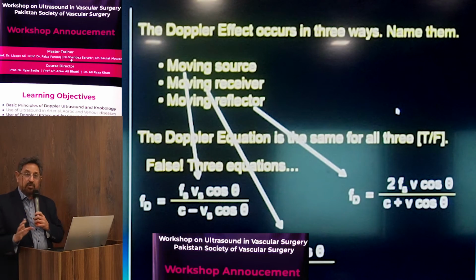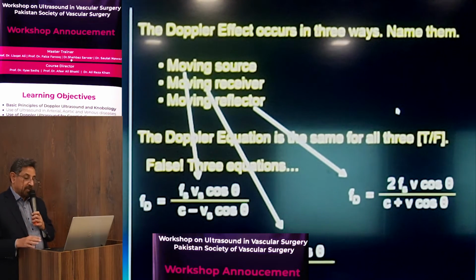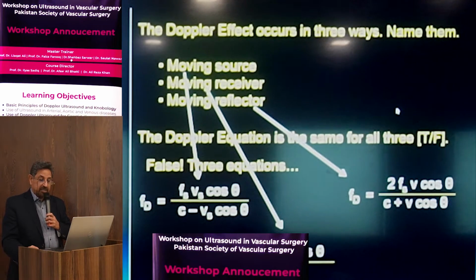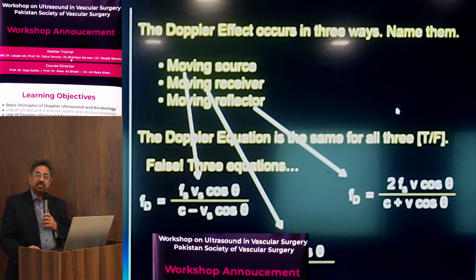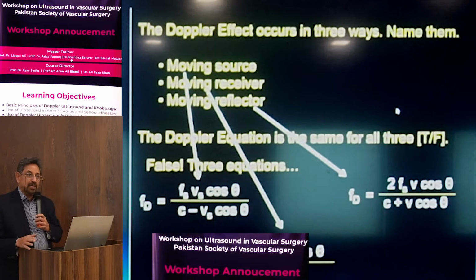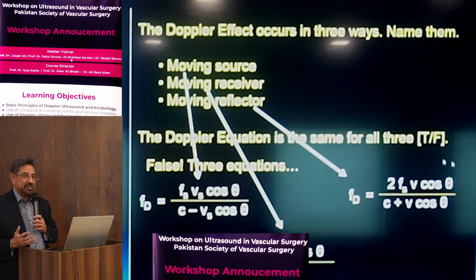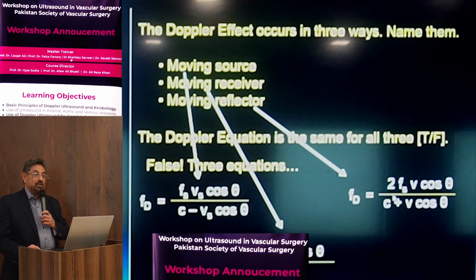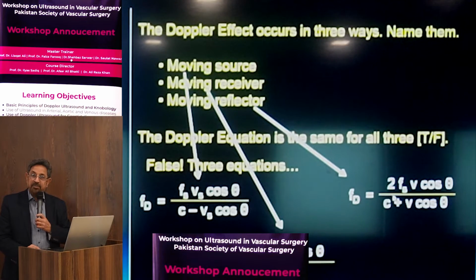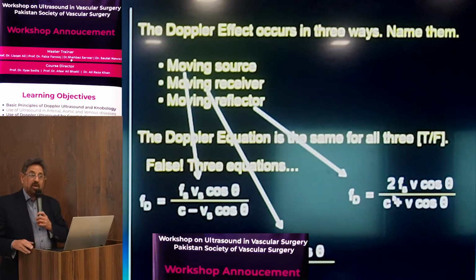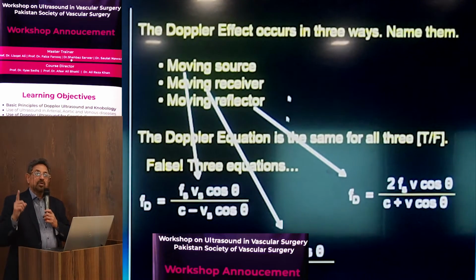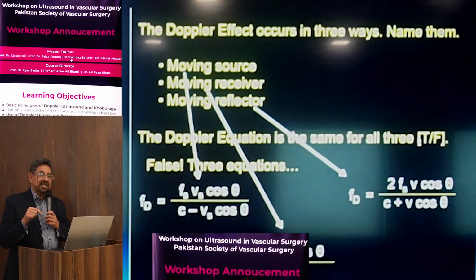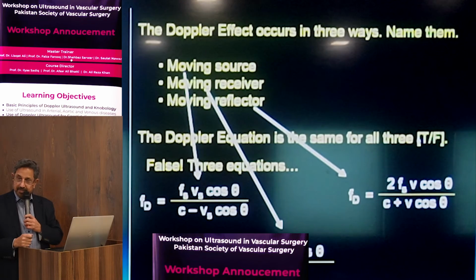You are not entitled to perform vascular Doppler, because cos 90 is 0. The mathematician knows that. We doctors are very bad in mathematics and physics. That's why we became doctors. But I tell you one thing, cos 90 means 0. So if you try to do Doppler at a 90-degree angle, you will get 0 information.